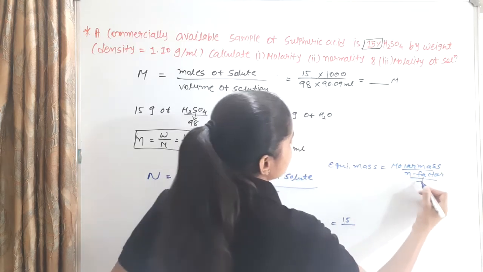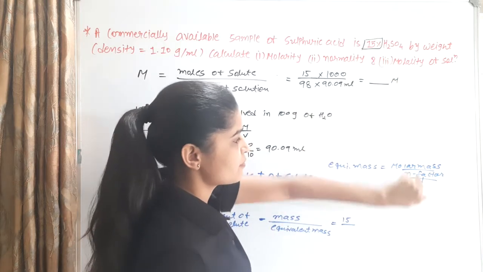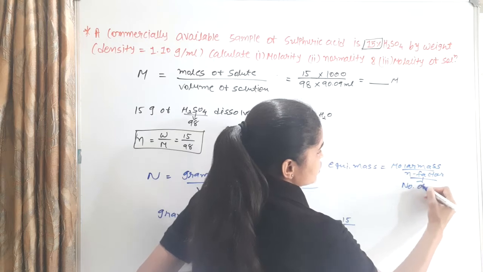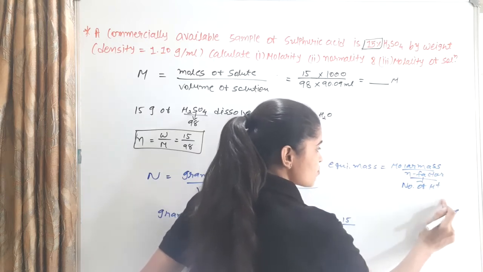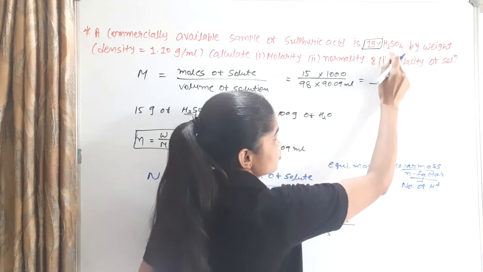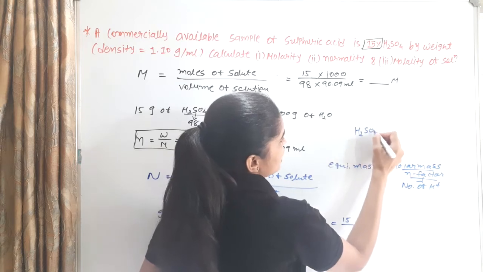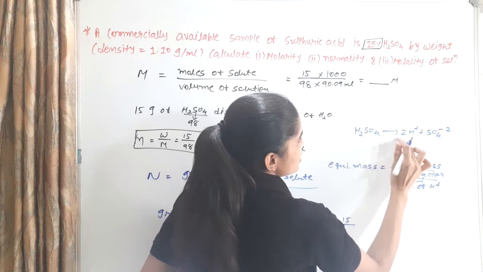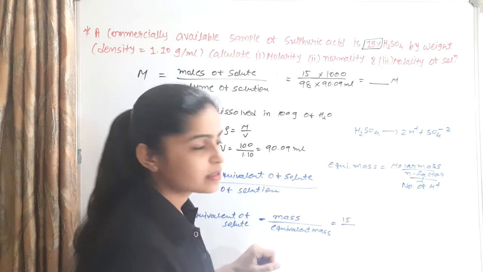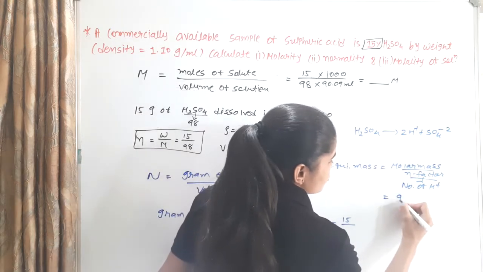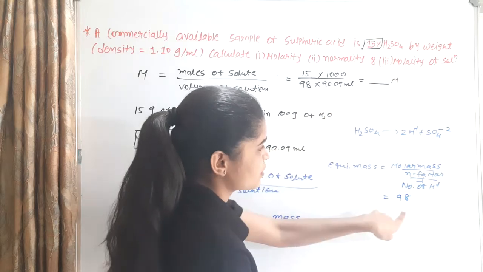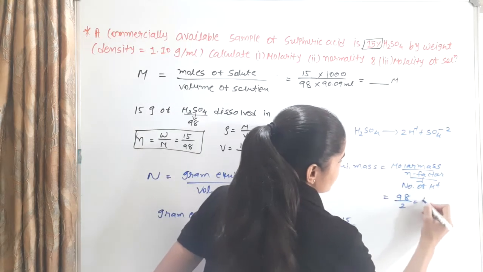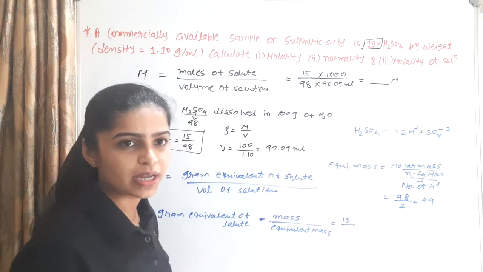For H2SO4, the N factor: since it is an acid, N factor means the number of H plus ions. In H2SO4, it dissociates into 2H plus and SO4 minus 2, so the N factor is 2. The molar mass of H2SO4 is 98 and N factor is 2, so 98 divided by 2, and the answer is 49.